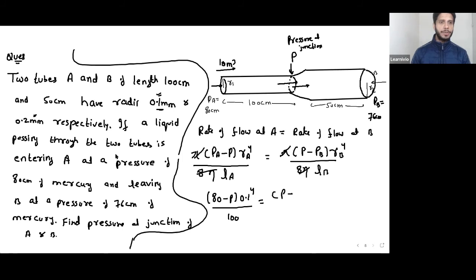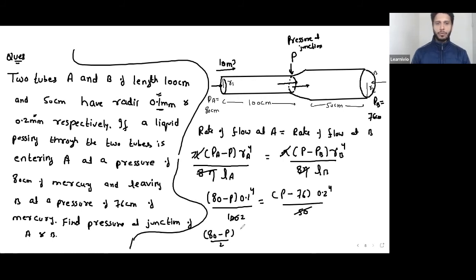Pressure at point B is 76. RB is 0.2 to the power 4 divided by the length of section B. Section B is 50. So if I cancel them, it's 2. So this is (80 minus P) by 2.